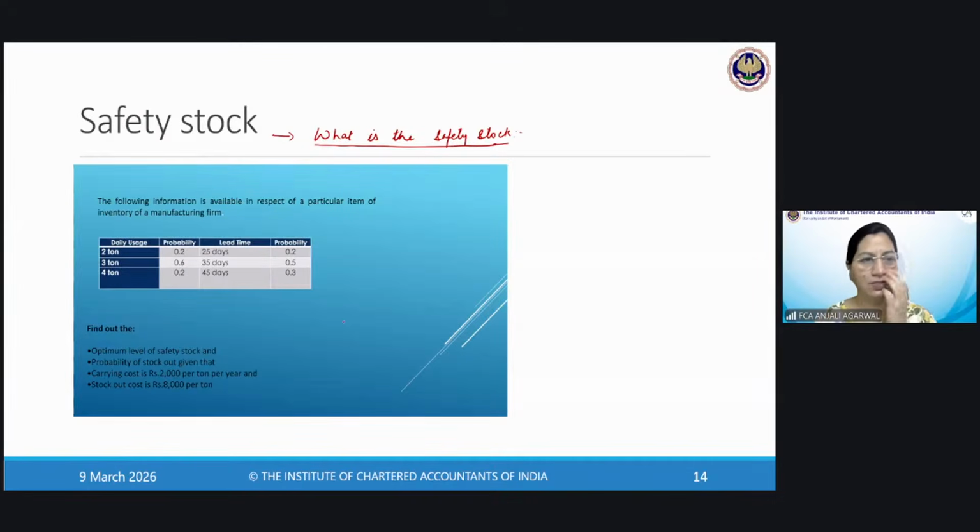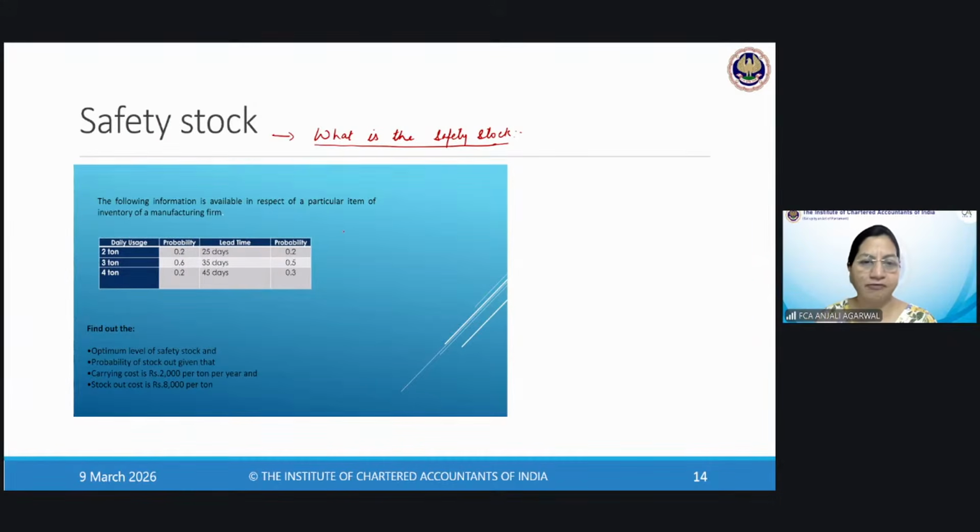So how does it work? This information is available in respect of a particular item of inventory of a manufacturing part. The daily usage is 2 tons with a probability of 0.2, 3 tons with a probability of 0.6, 4 tons with a probability of 0.2. In the earlier questions, when we were doing minimum usage, average usage, maximum, we were assigning all of them equal importance. But here the probabilities of this happening are different.